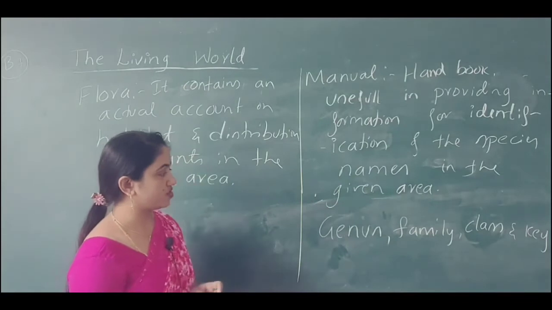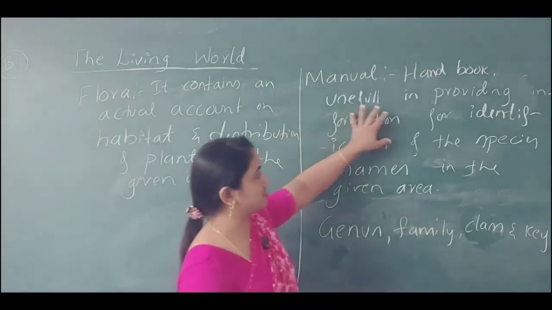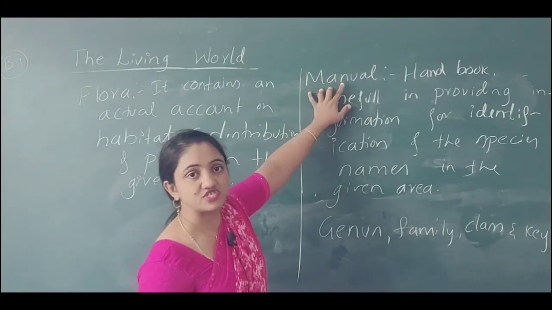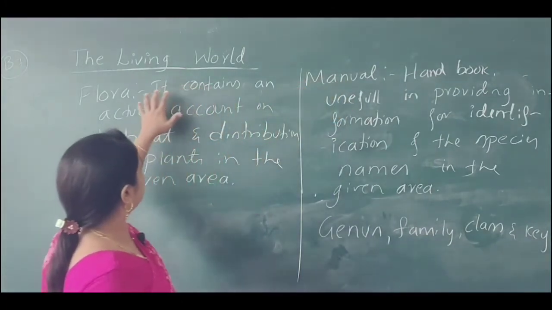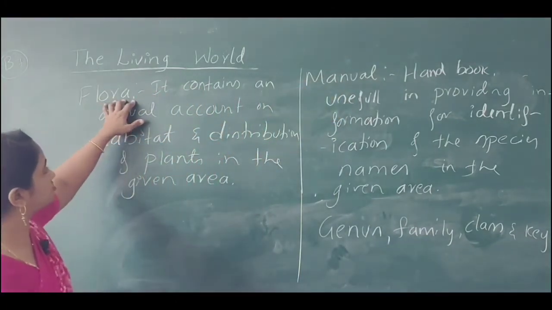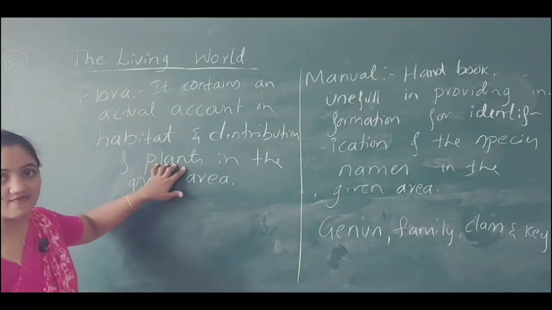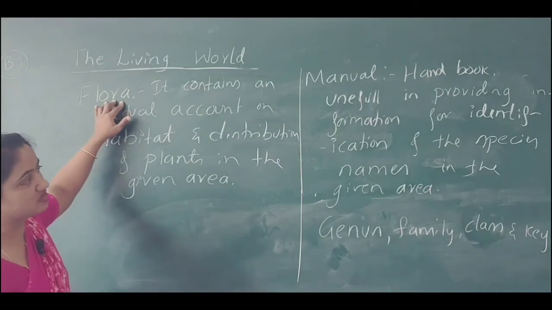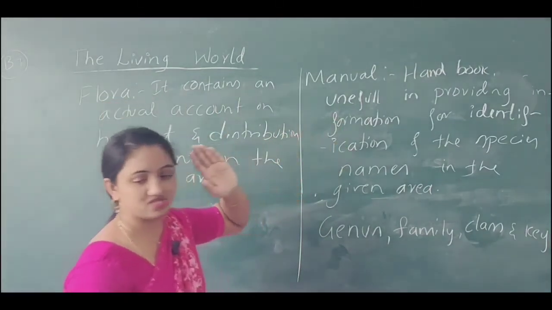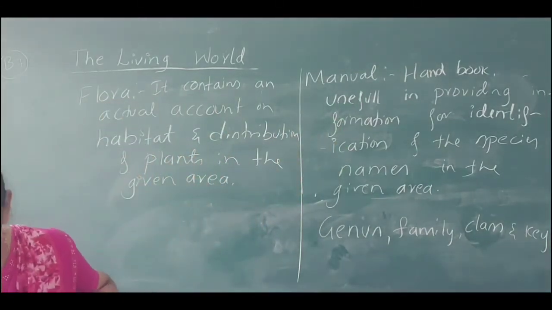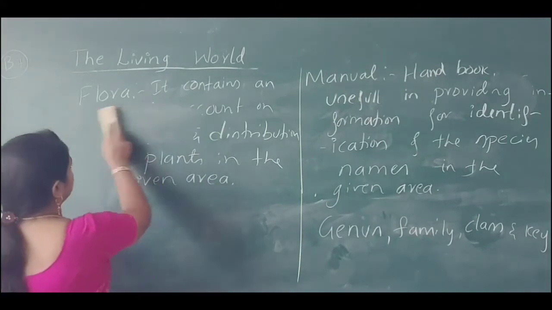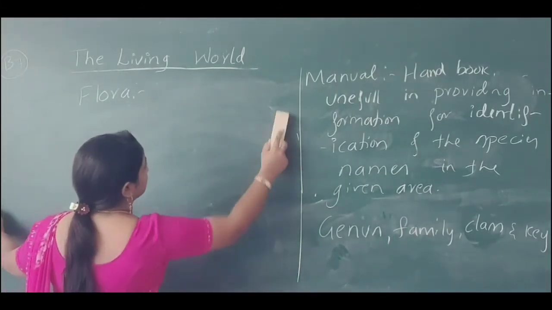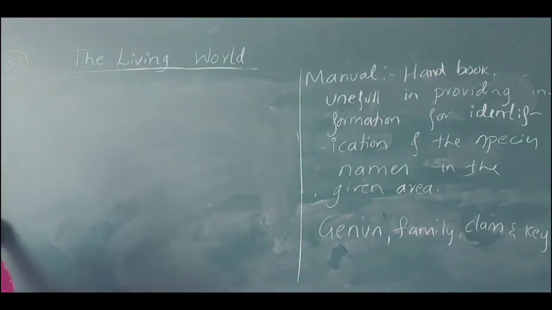So all these things are provided by this taxonomical aid known as manual, but flora is restricted to only plants. Why? The name itself says flora. Flora means plants. So this is how manuals and flora are present in the taxonomical aids.